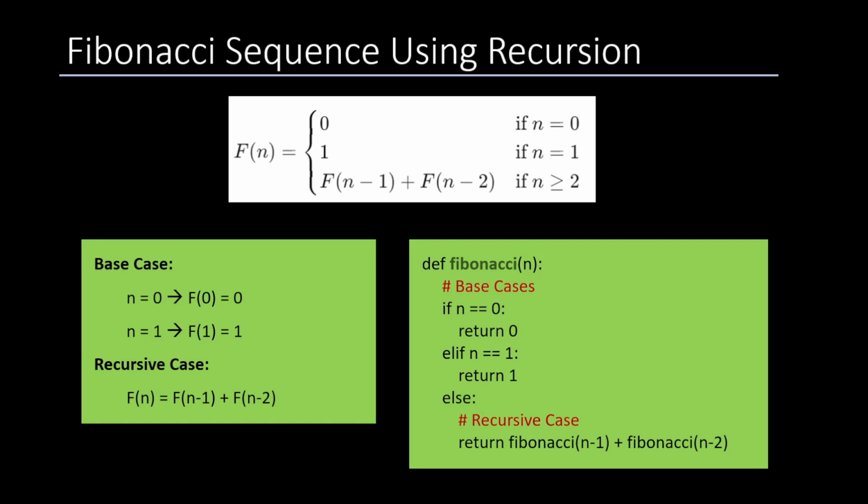This relationship creates a tree of recursive calls that allows us to break down the problem into smaller parts. In the lower right corner, we have the function to calculate the Fibonacci number. In this function, we check if n is 0 or 1 to return the base case values. For any other value of n, we call the function recursively to compute the sum of the two previous Fibonacci numbers.